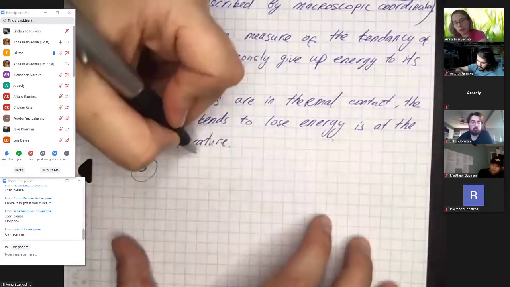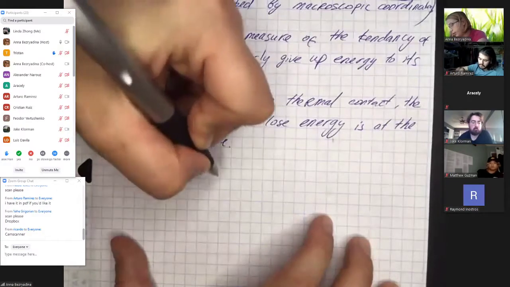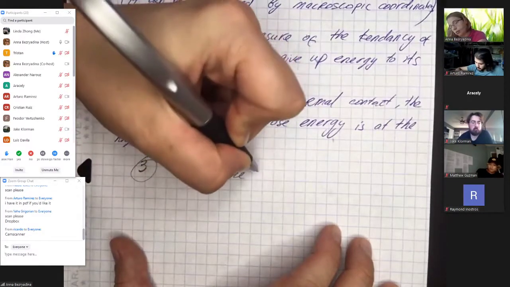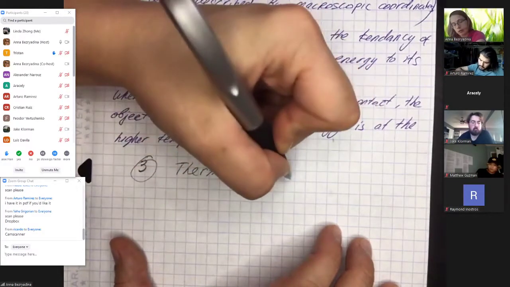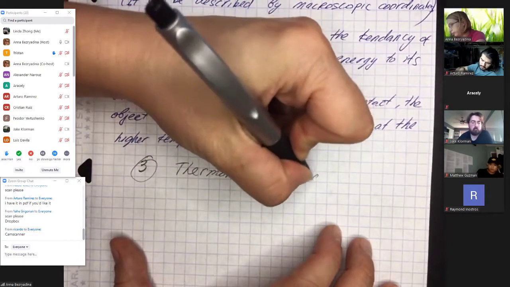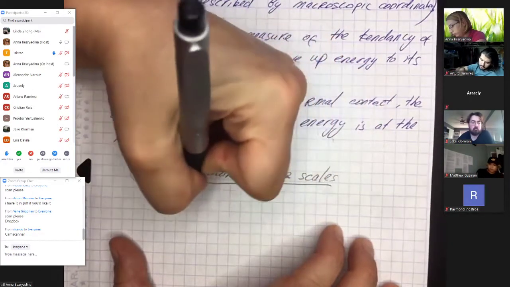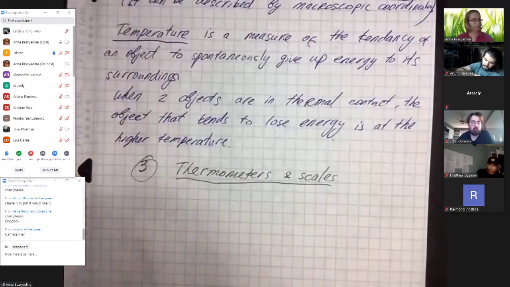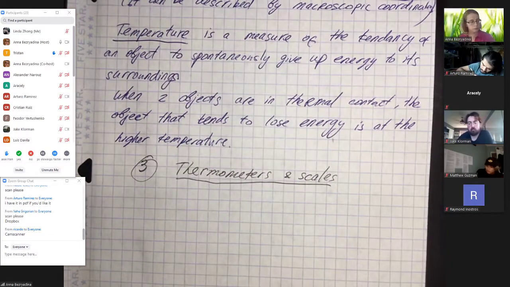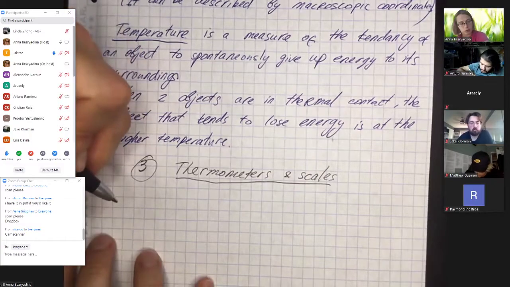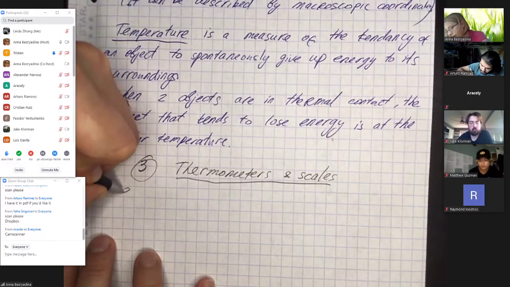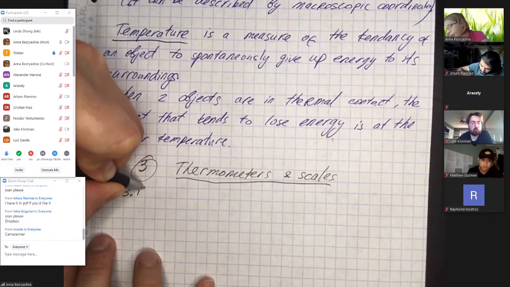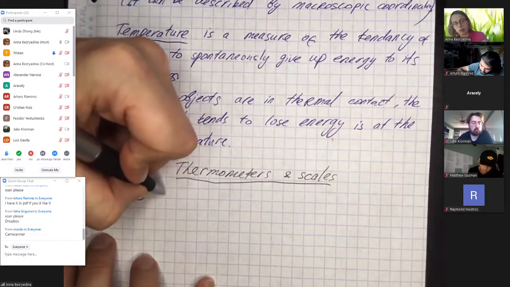Number 3, thermometers and scales. Let's talk about 3.1, temperature scale.